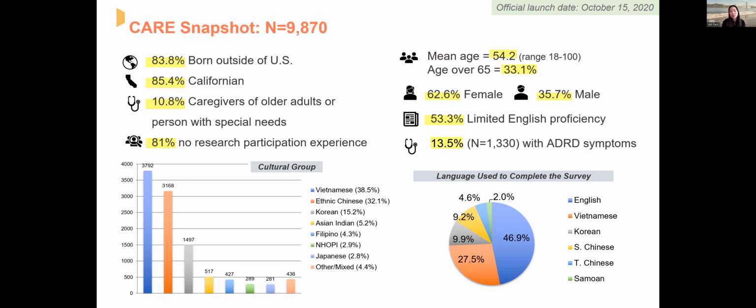And you can see here how we have recruited more than half of our participants in a language other than English into CARE. And then the diversity you see here also with the cultural groups. We hope to improve on increasing representation with the Asian American, Native Hawaiian, Pacific Islander groups that have lower percent representation in our registry. Next slide, please.